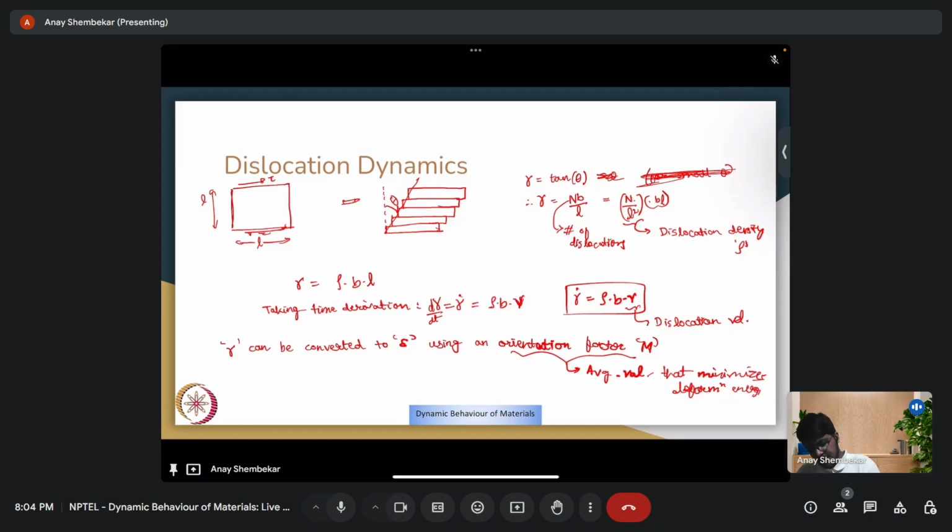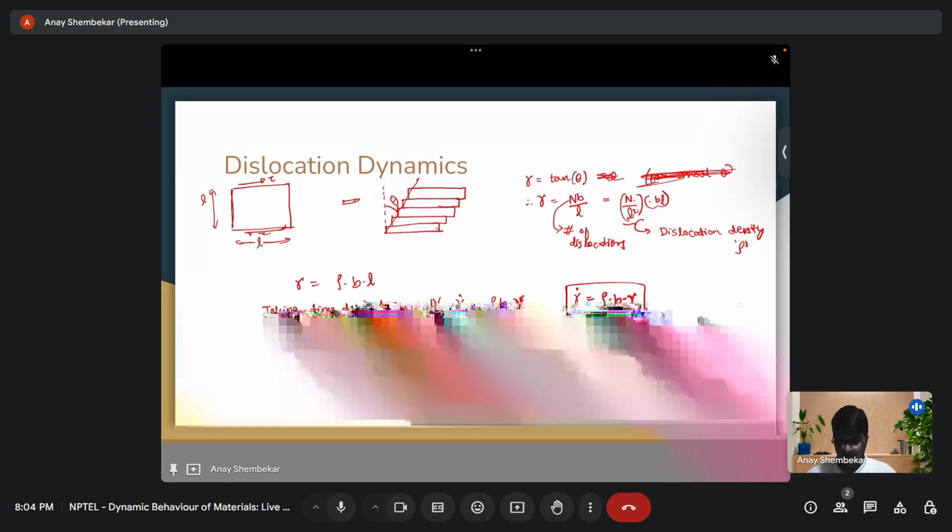So we end up getting epsilon dot equal to 1 by M gamma dot, equal to 1 by M rho b v. The value of M can be 3.1 for FCC and 2.75 for a BCC arrangement.